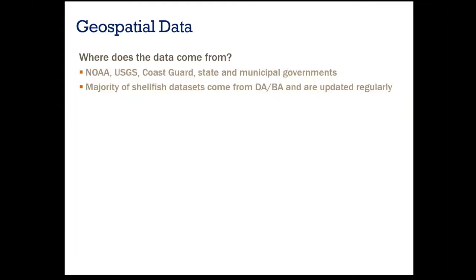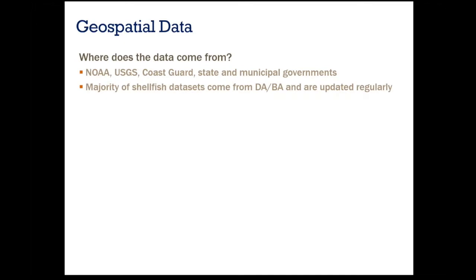So where does the data in the mapper come from? That's a good question, and the answer is it comes from a variety of sources. Some of them are federal sources, some of them are state or municipal government entities. So they sort of come from a range of different places.